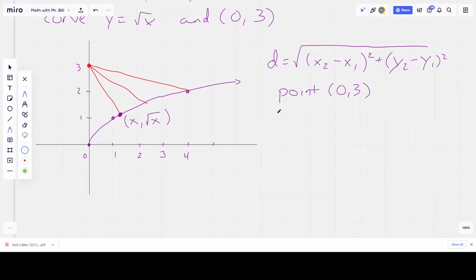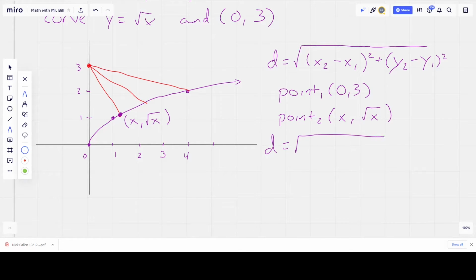So we'll say that point 1 is (0, 3), and point 2 is (x, square root of x).